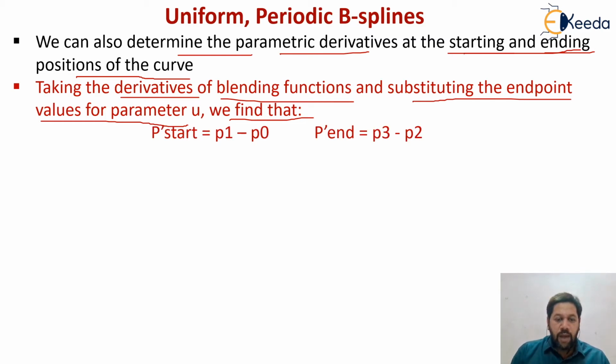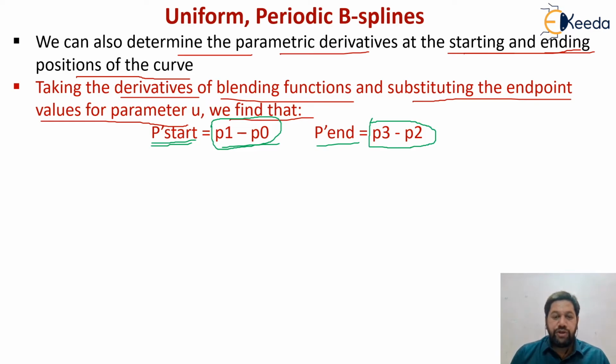What I want to achieve here is the starting point, p start. Suppose I want p start to be equal to p1 minus p0. I want the starting point to be not only p0, but the combination p1 minus p0. Similarly, I want to change my ending function. So p dash end should be equal to, suppose I have p0, p1, p2, p3, not only p3 but p3 minus p2.